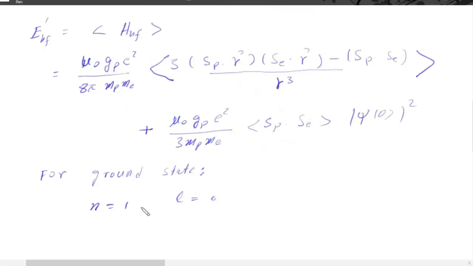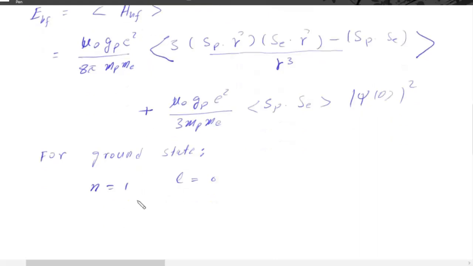Now then we can write here the first order energy correction to the hyperfine structure is equal to μ₀ g_p e² divided by 3 m_p and m_e. Okay, and then the S_p, the spin of proton and the spin of electron, and the wave function at origin.